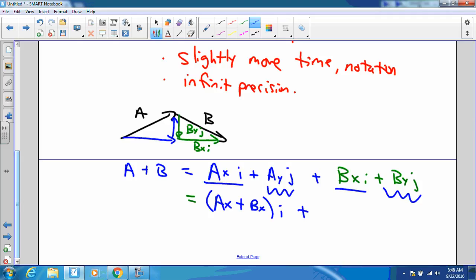So that what we get is simply the sum of the x's in the i direction, and the sum of y's in the j direction. We're done. So adding vectors is really adding component-wise the i's and the j's, and if necessary, the k's separately.